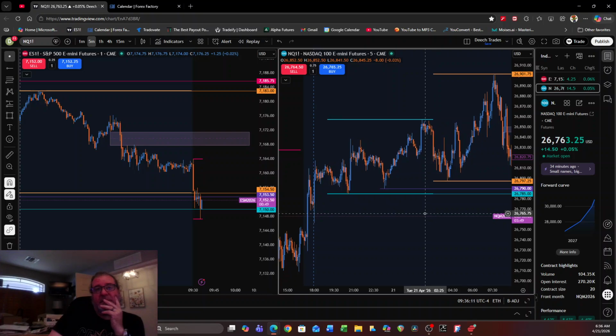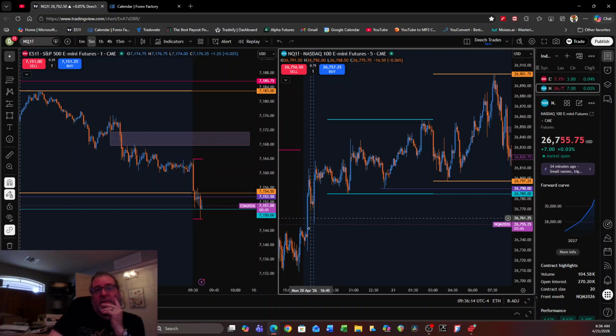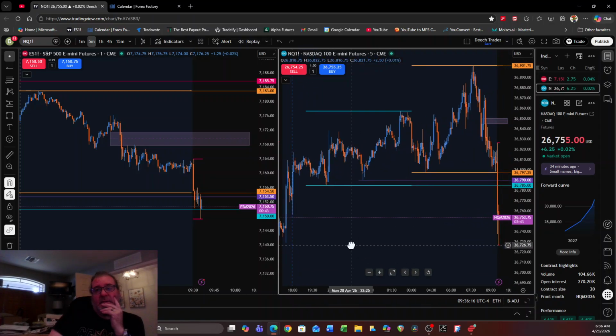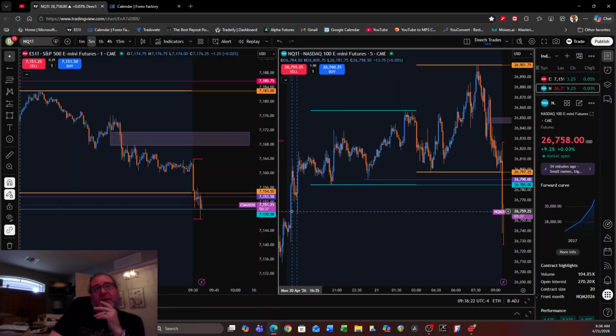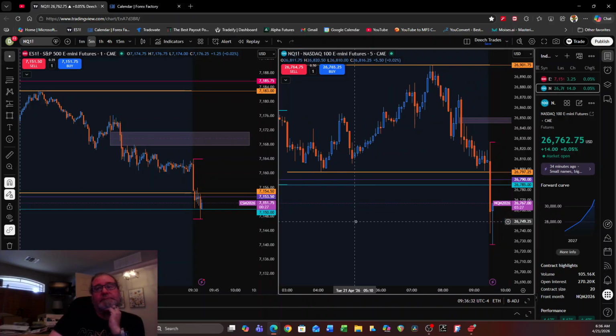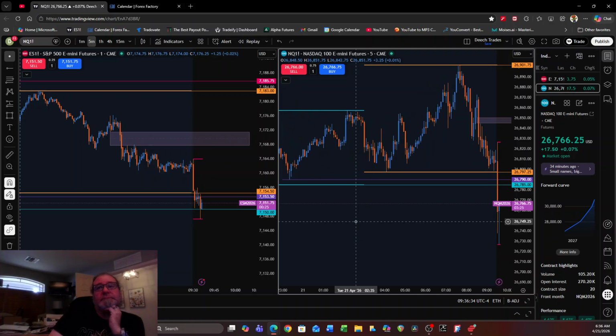Okay, interestingly, we did not inverse this gap right here, even though we came and swept those lows. We have a 5-minute gap right here that did not inverse. This one did inverse, but this one looks like it's holding. So NASDAQ clearly more volatile.